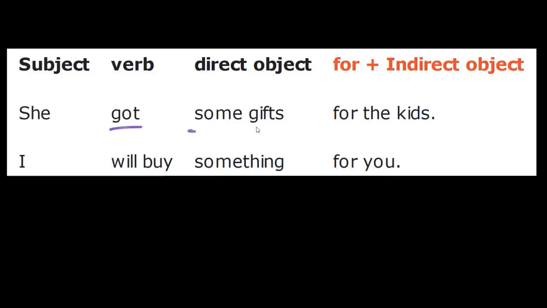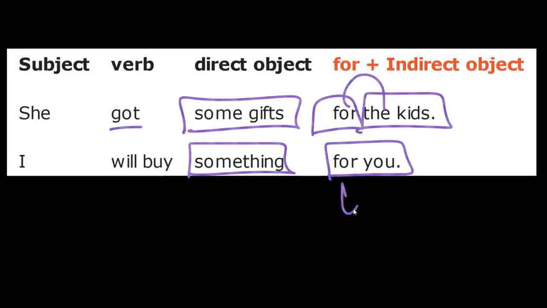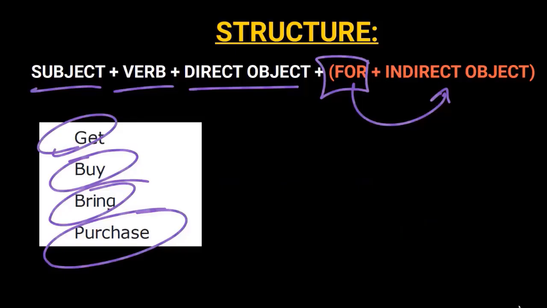She got what? Some gifts. Gifts for the kids, right? Indirect object. I will buy something for you. I can't say to you. If I say to you, that is going to be incorrect. I can't say she got some gifts to the kids. Again, incorrect. These verbs will use the preposition for.